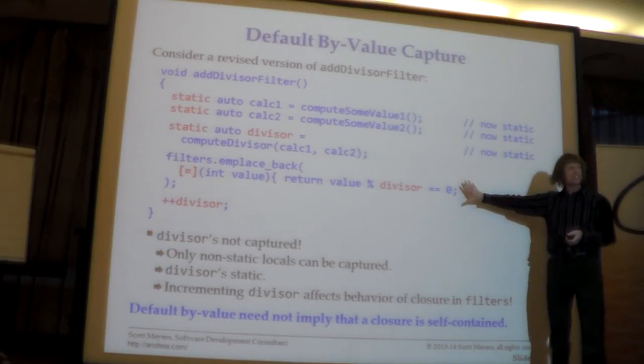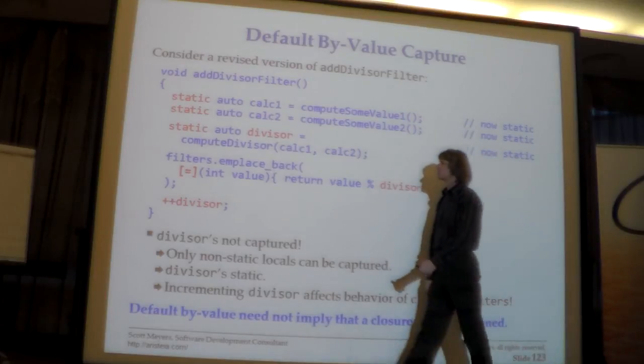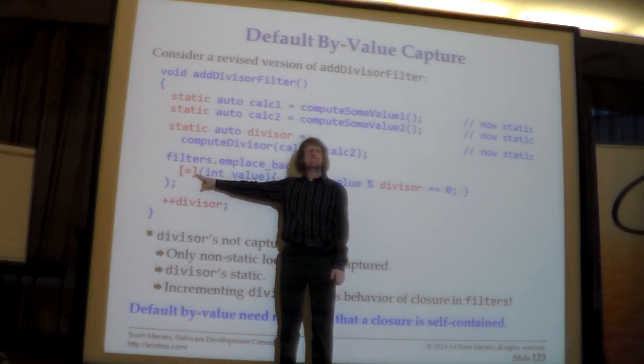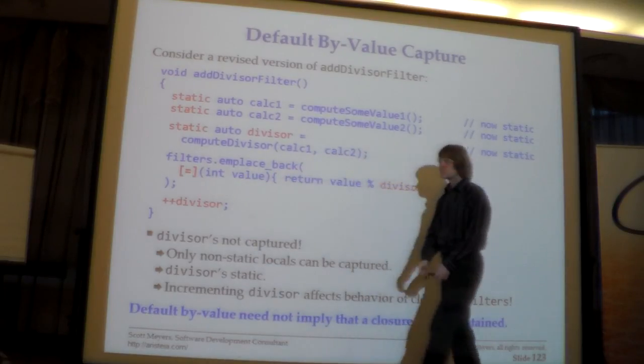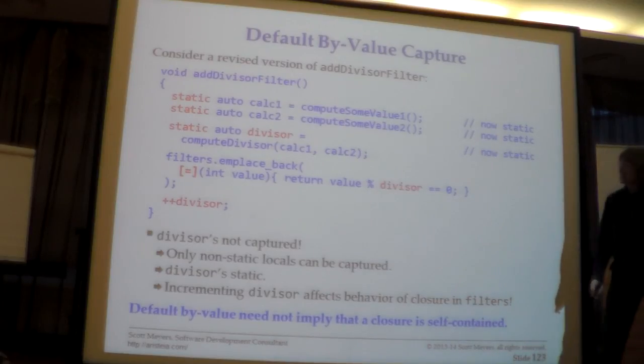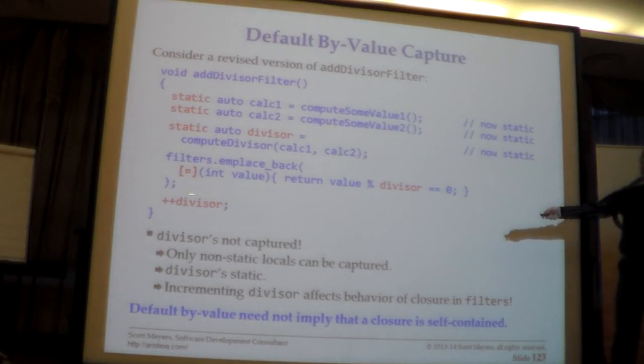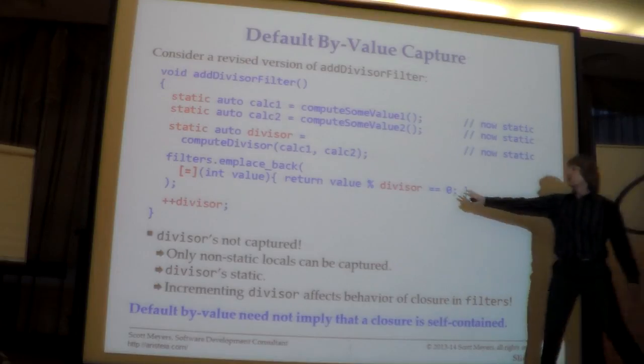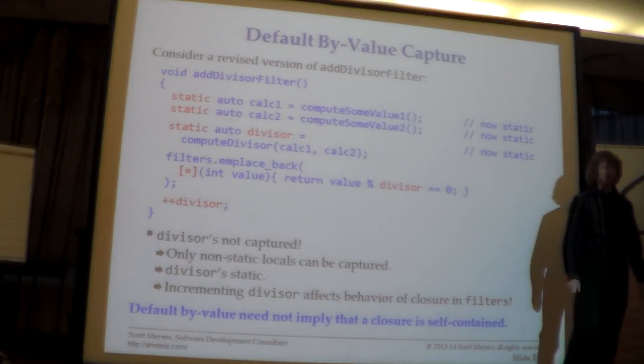The only problem with this code, this doesn't capture anything. This has no effect at all. Instead, what's going to happen here is every time divisor gets changed, it's going to be reflected inside this filter here.